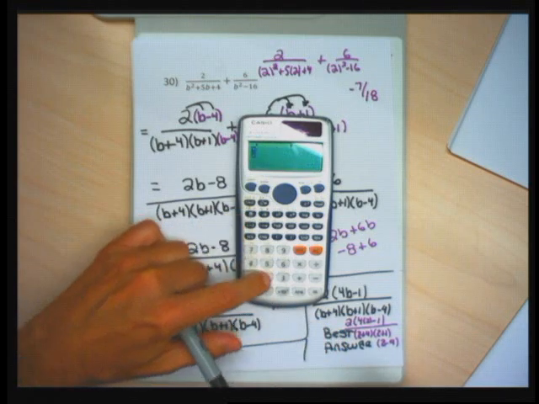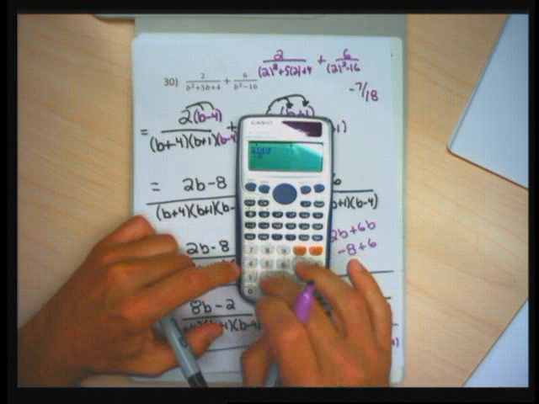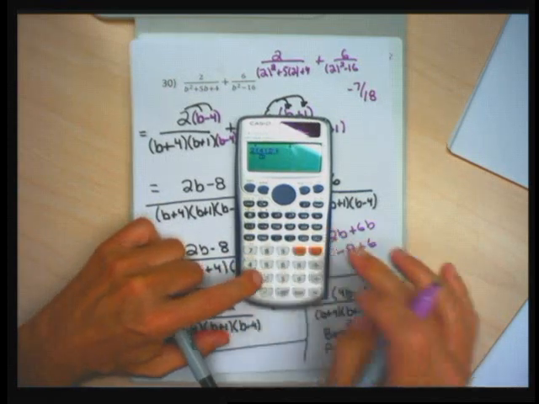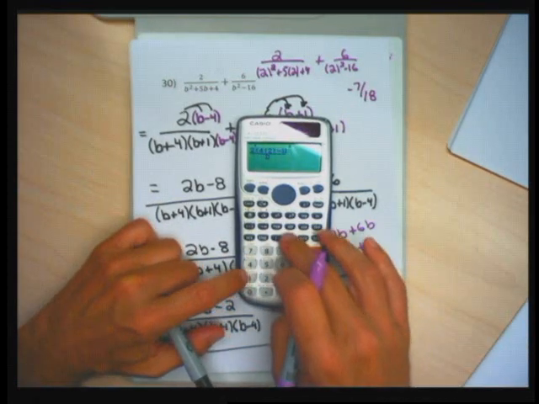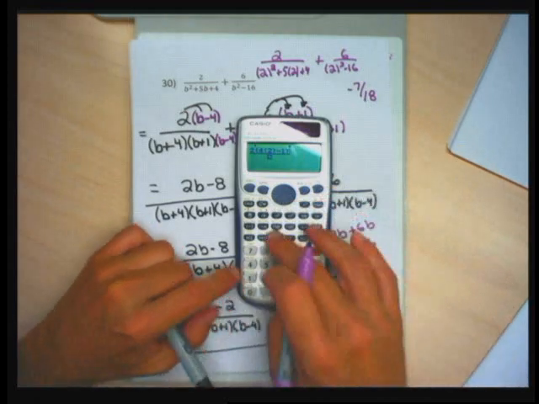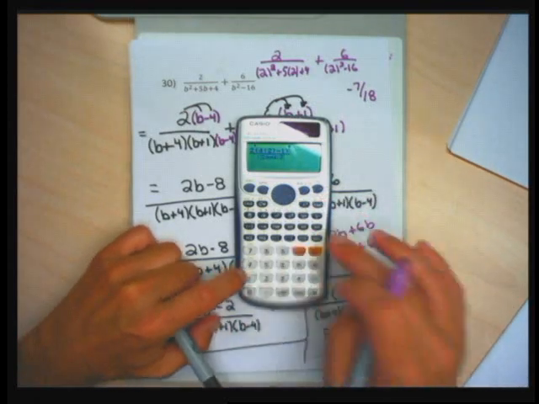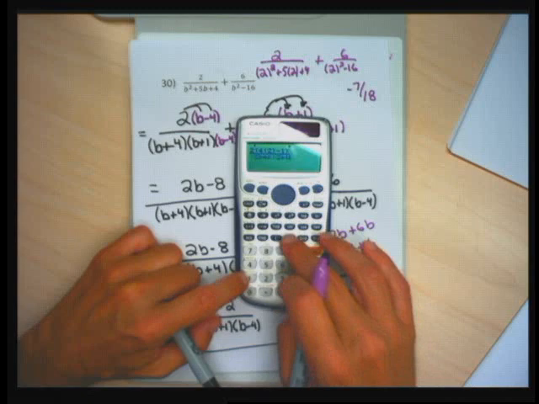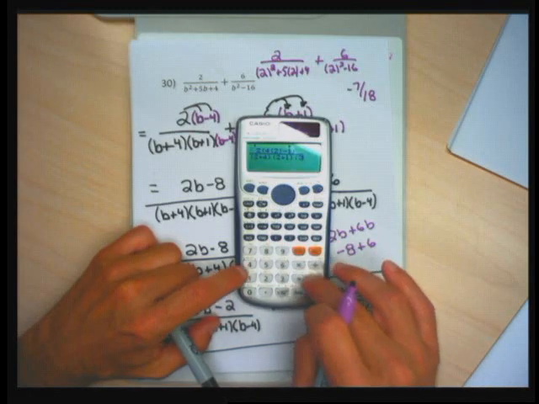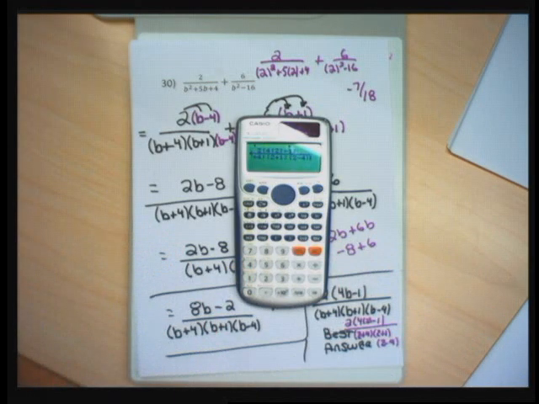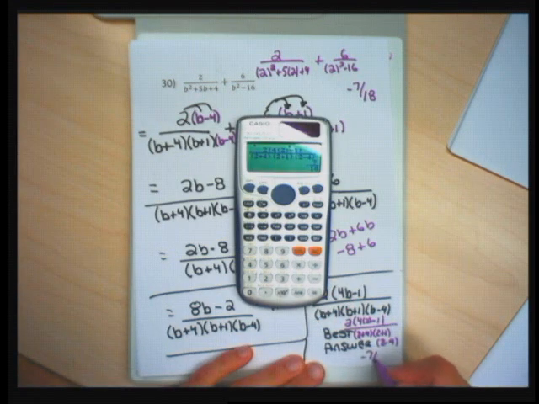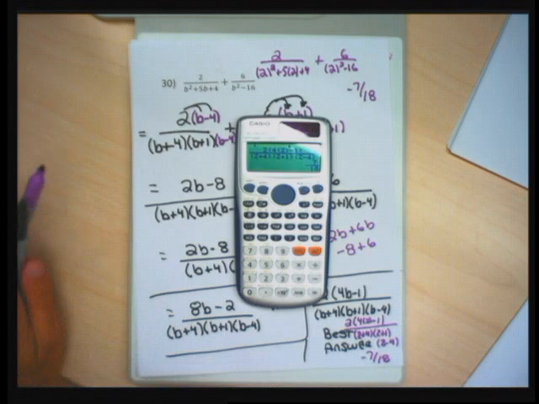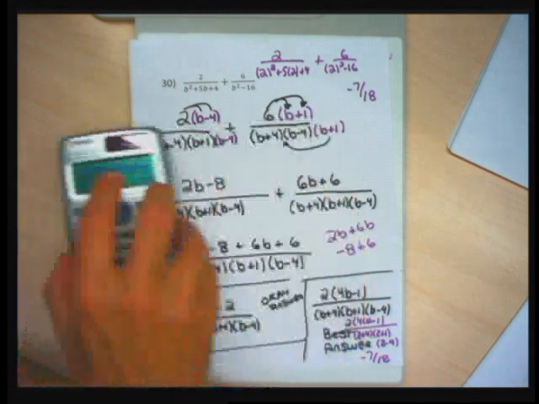I'm going to go 2 times parentheses 4 times 2 minus 1 over 2 plus 4 times 2 plus 1 times 2 minus 4. It best say negative 7 over 18, and it does. So I feel good about my work as I did the best check that I could do.